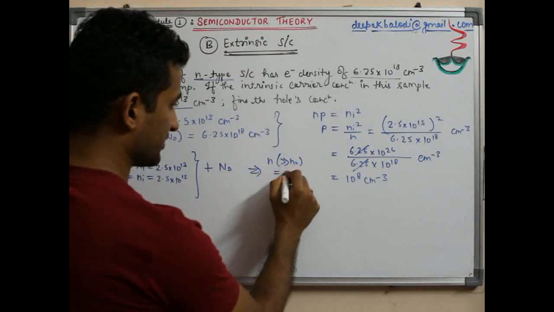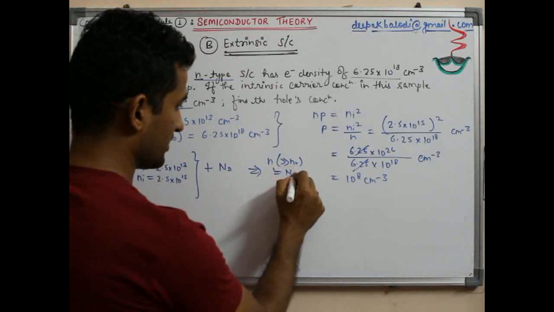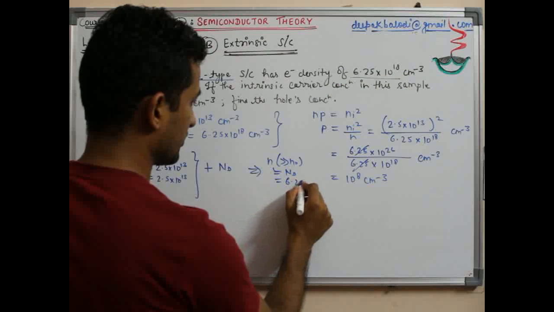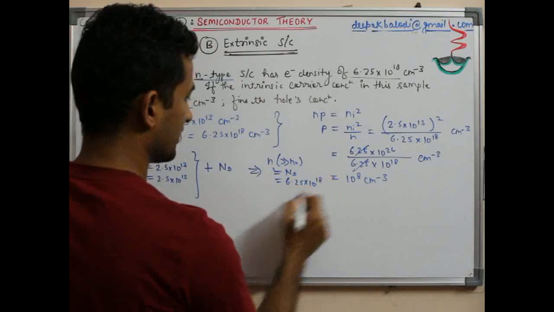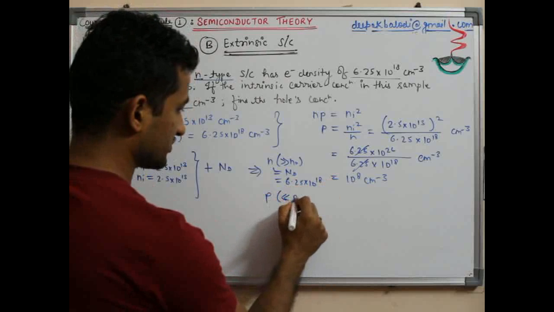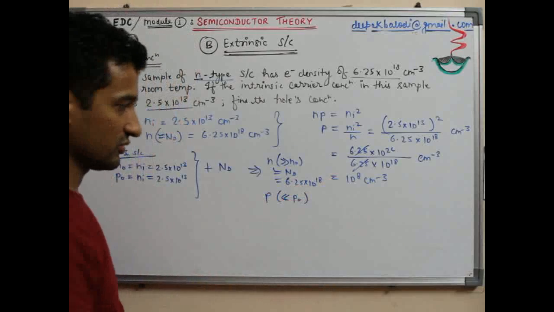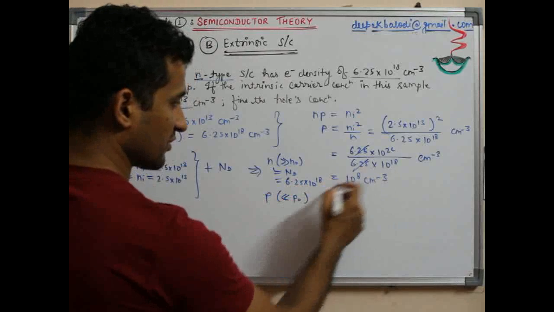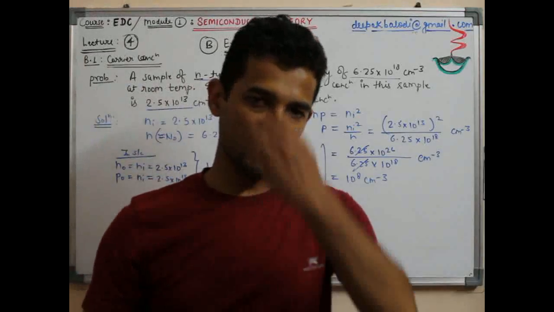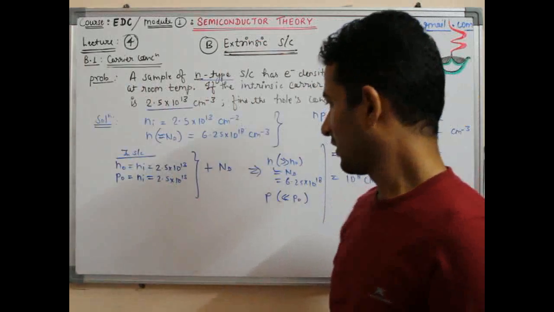Finally it has reached approximately Nd, which is directly given to us, 6.25 into 10 to the power 18, and p comes much lower than its intrinsic value, so it is given by this. This story we have already seen, but just for a quick recall we have seen it again here.